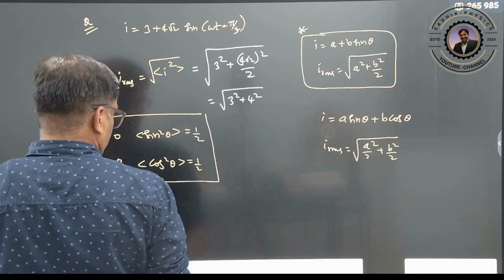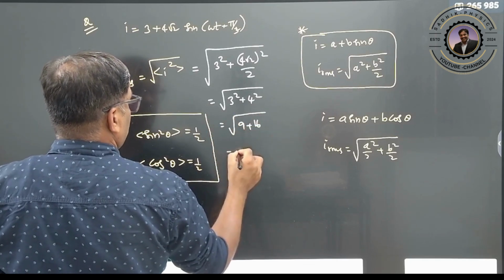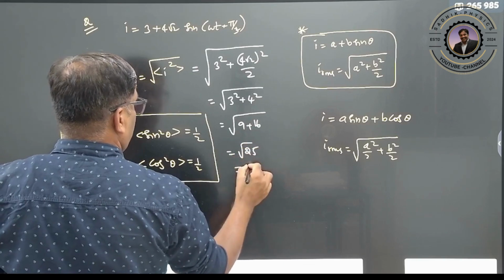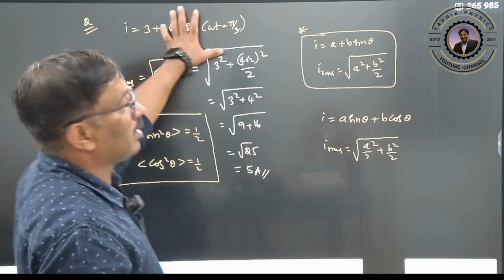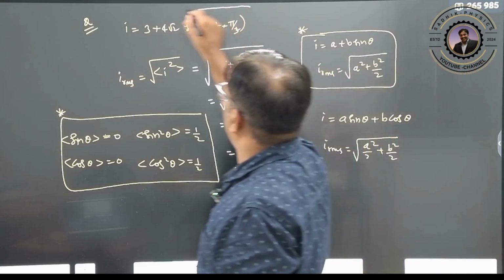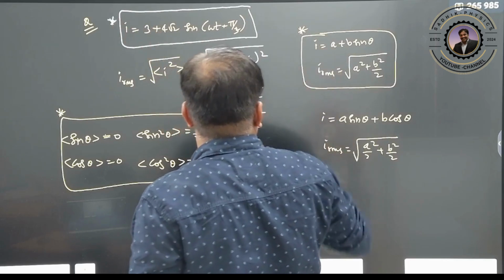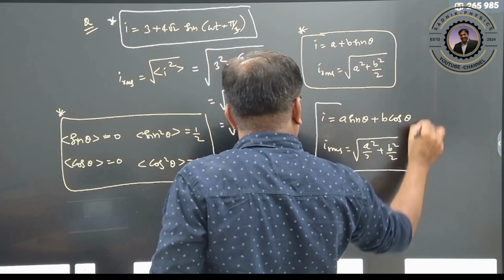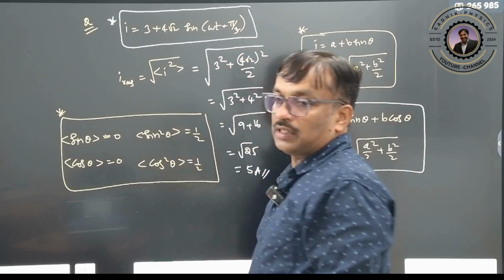You already know it: 9 plus 16, root 25, that is 5. This is your RMS value for this type of question. Very important, nowadays they are asking these types of questions in JEE Main. So these values are also important for us.